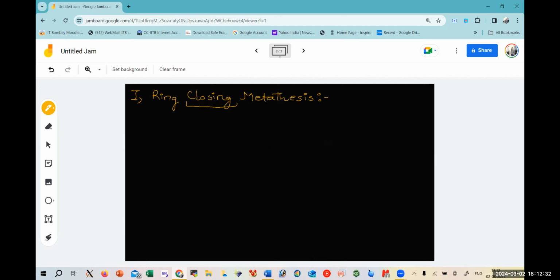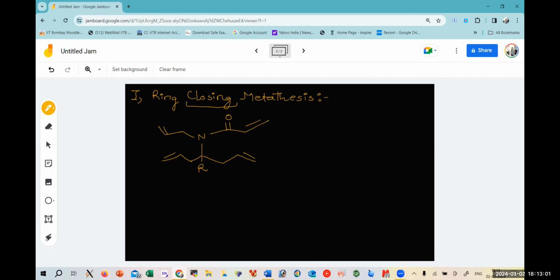So if I take this example, here you will see there are two possibilities with which we can close our groups.